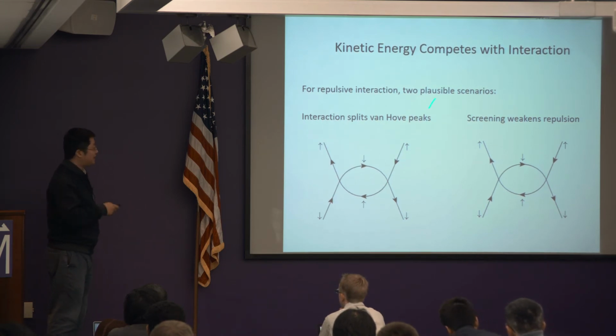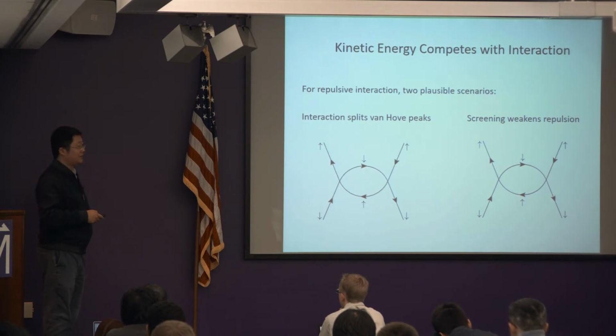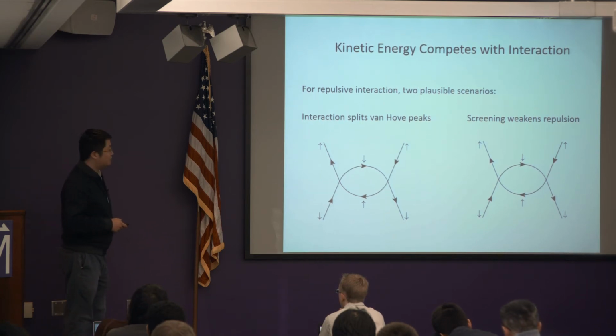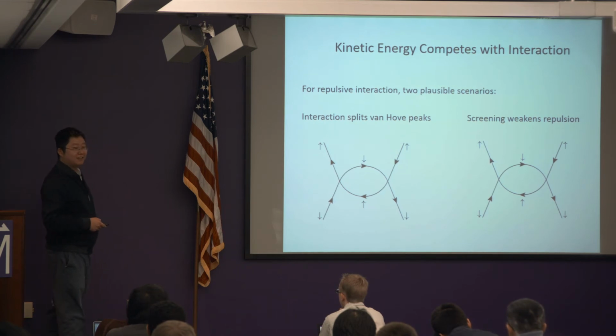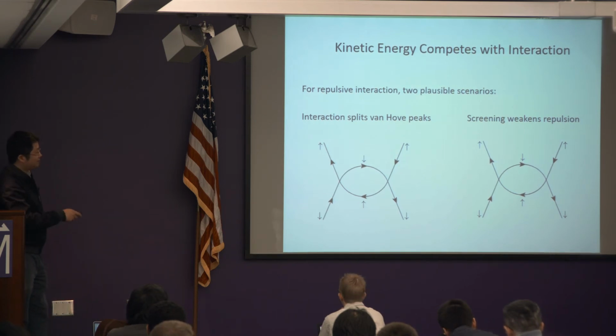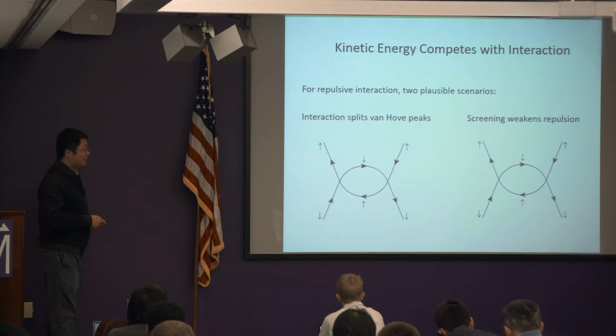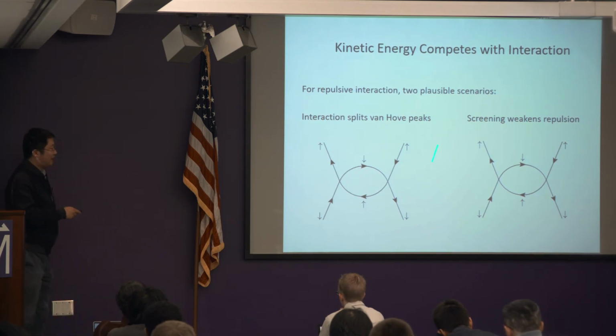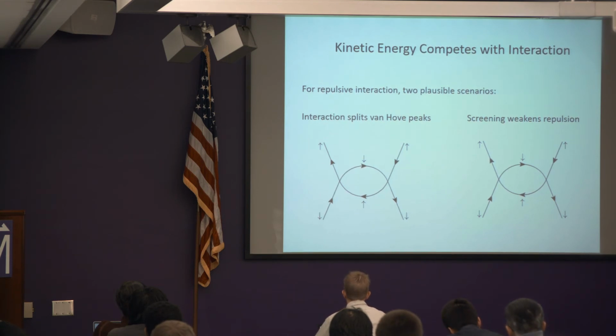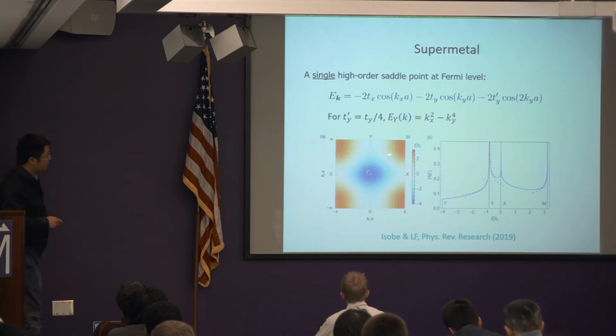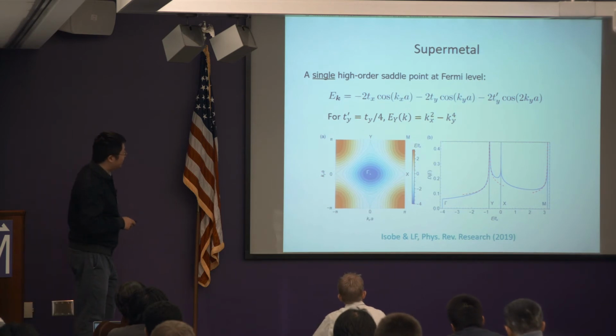So one might think that screening weakens the effect of interaction, and this reduction is most effective when you have a large tensor state near the Fermi level. So maybe the system flows back to some Fermi liquid. It turns out it's exactly the balance between these two competing effects that makes the system flow into a non-Fermi liquid. So now we're going to deal with this particular model.